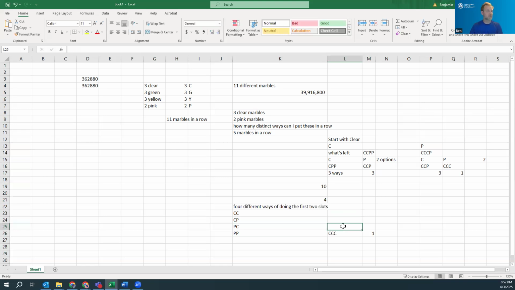And then if I do PC, then I have CCP, and there's 3 different ways that can be arranged. And then this is the same. There's 3 different ways that could be arranged. And this one is CPP, and there's 3 different ways that can be arranged. So that kind of affirms this idea about 10 ways of doing that.